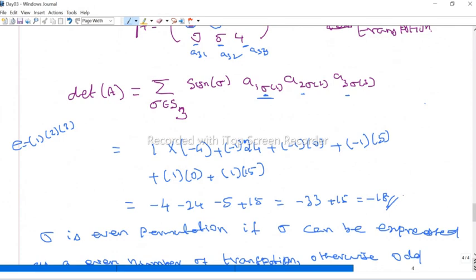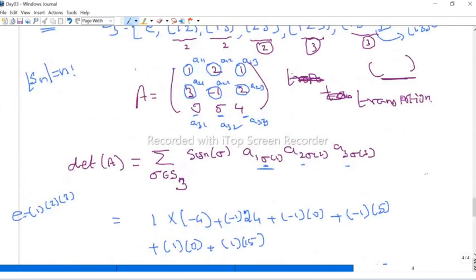Okay. So this formula can be used to find the determinant of higher order. But by hand it's very difficult to do. For a 3 by 3 matrix we can use this formula. Otherwise we have to write some algorithm or program to find the determinant of any matrix.